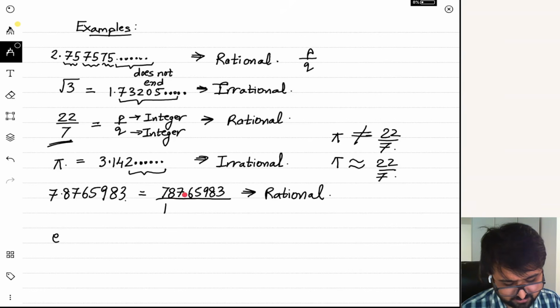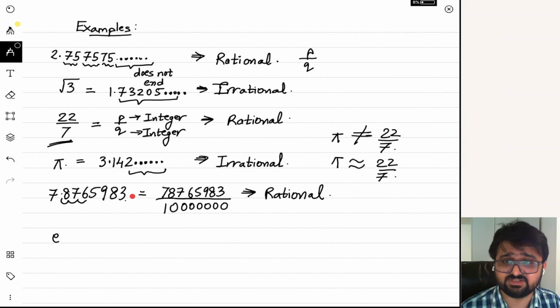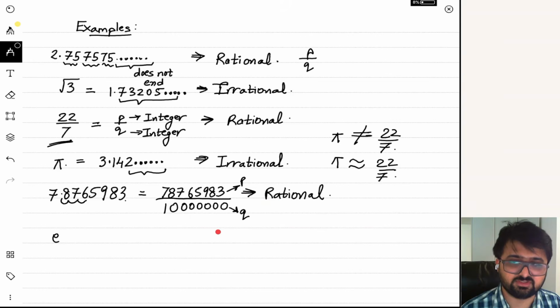How many zeros? 1, 2, 3, 4, 5, 6, 7. So I just shift the 7 decimals. So I just add 7 zeros in the denominator. Okay, so that makes it rational, because the numerator is an integer and the denominator is also an integer.